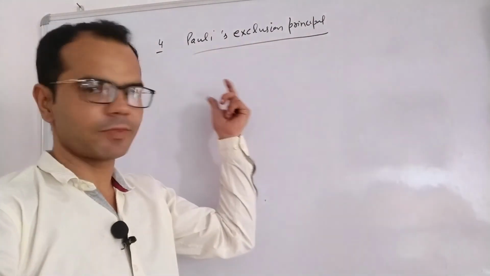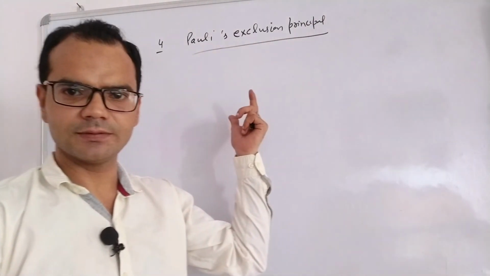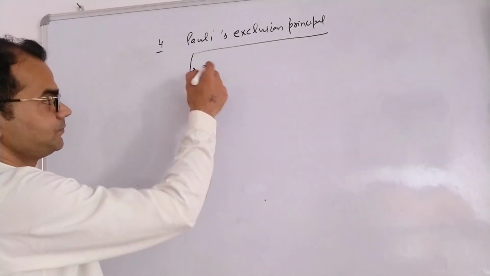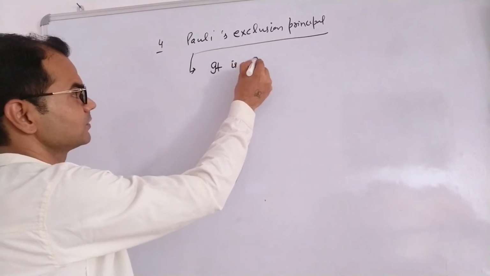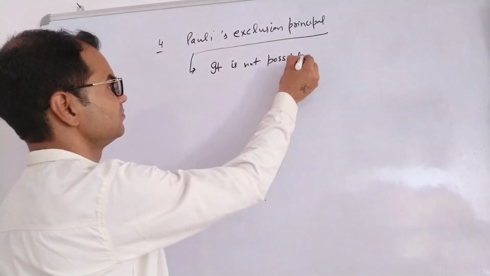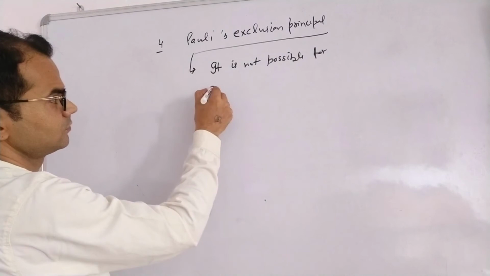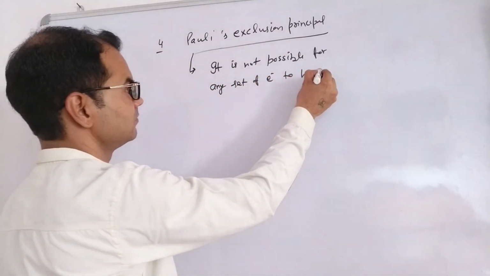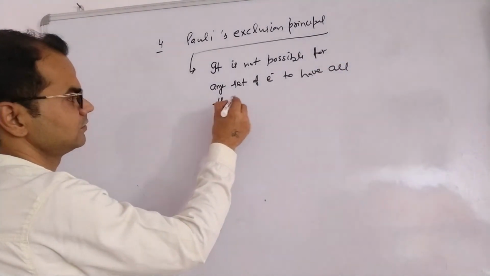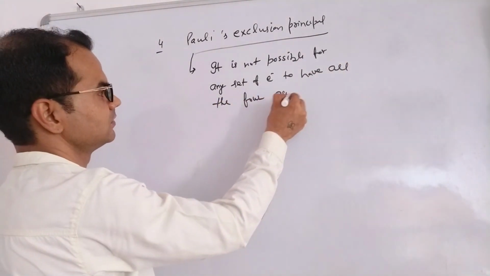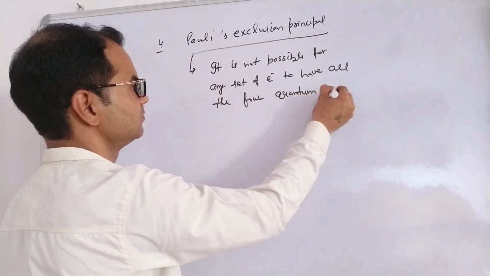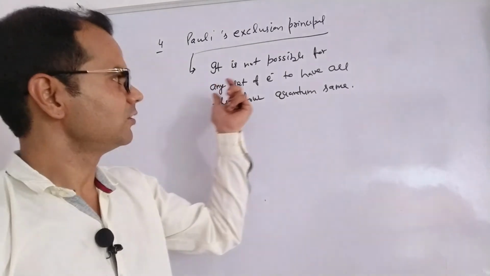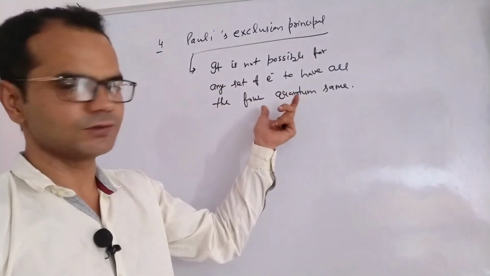What Pauli concluded is that it is not possible for any set of electrons to have all the 4 quantum number values the same.